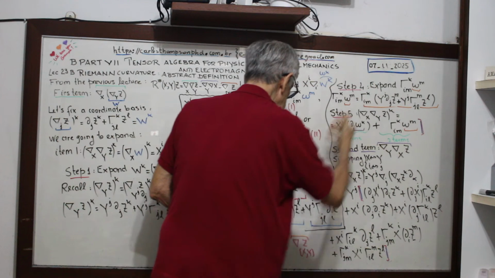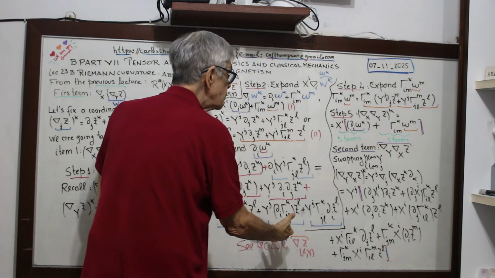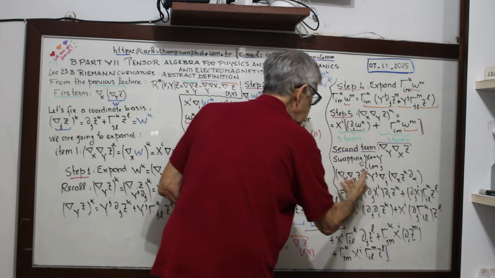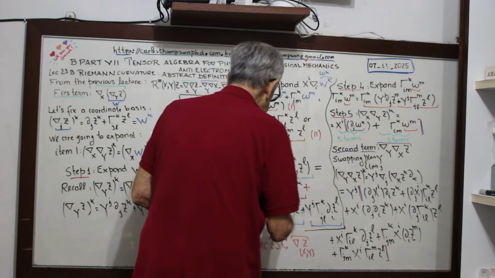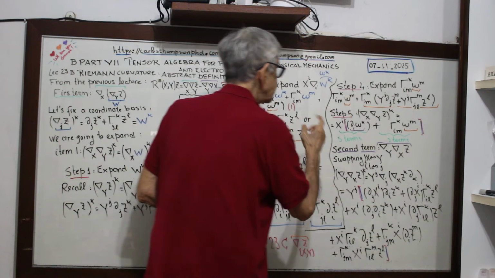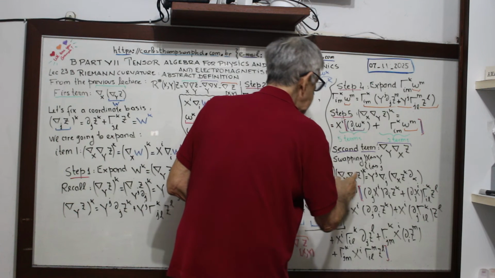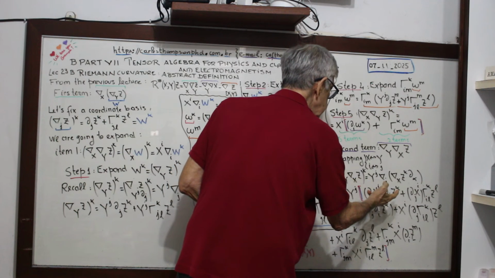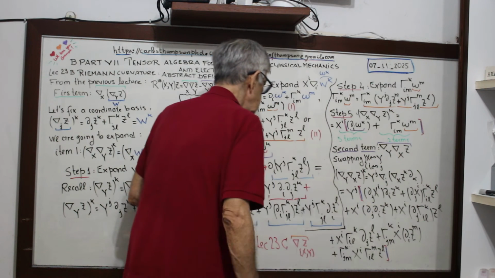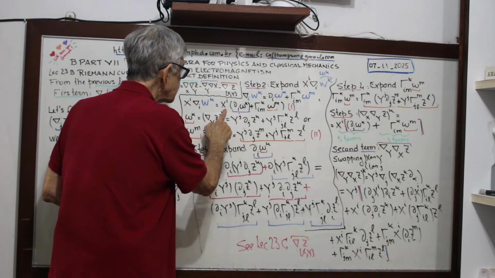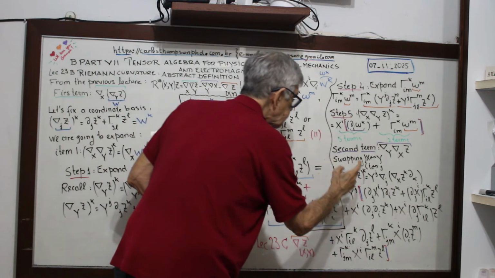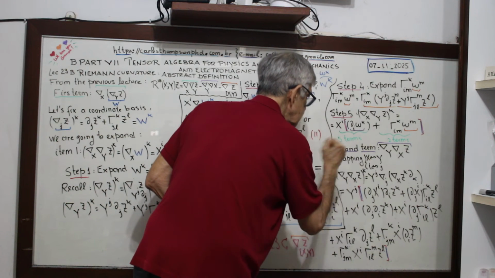I just copy this expression and set this expression over here. Here I multiply by xi. So here now I multiply by yj. The same. You see over here I multiply by xi. Here I multiply by yj.